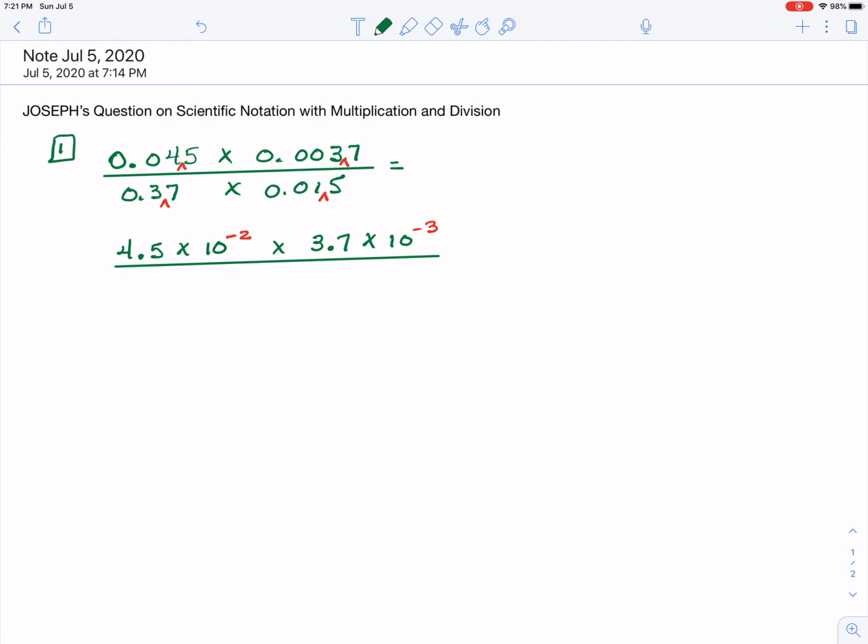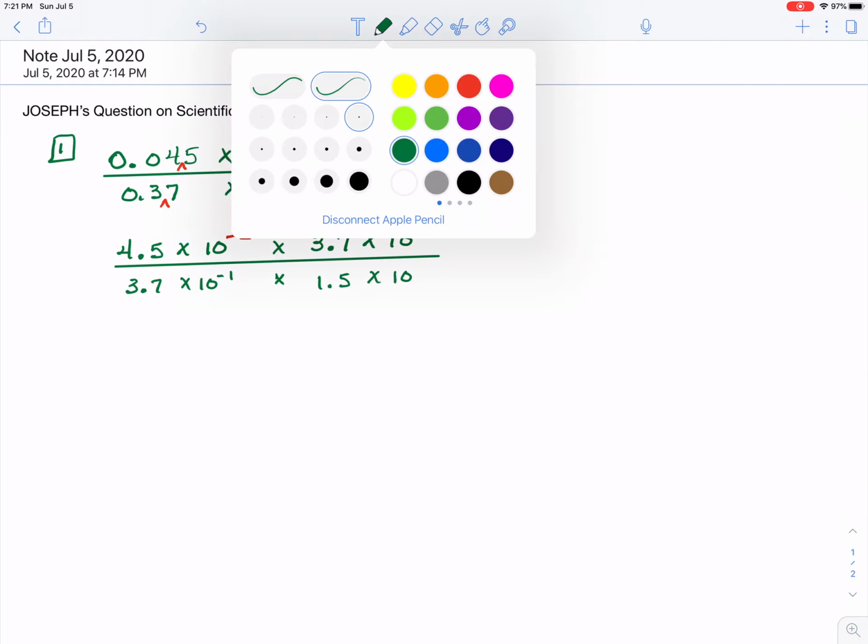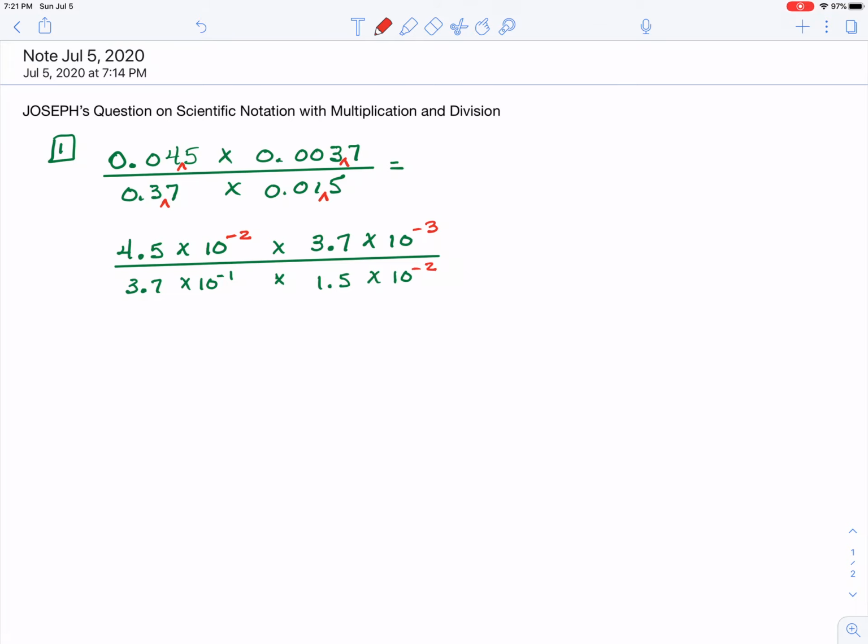All right, moving down to the bottom, I see a 3.7 times 10 to the negative 1. And I see a 1.5 times 10 to the negative 2. Okay, so I'm noticing now, as I look at this, all of these operations in here are times operations.